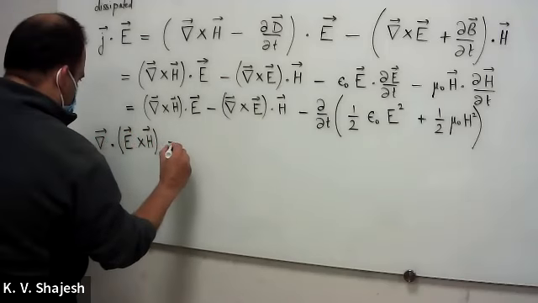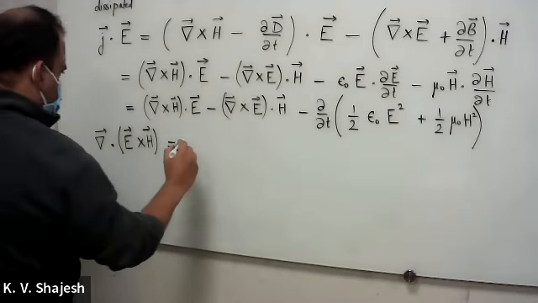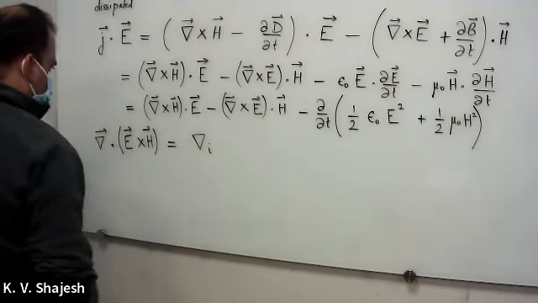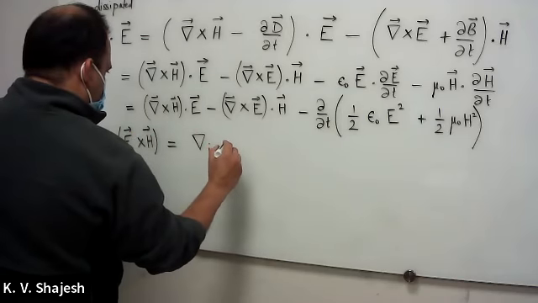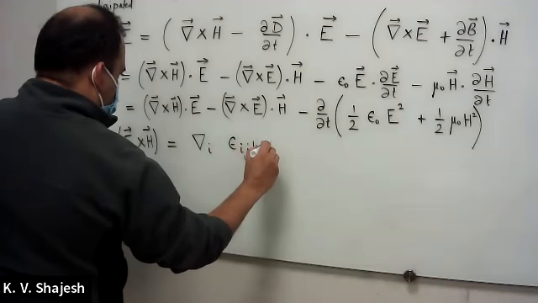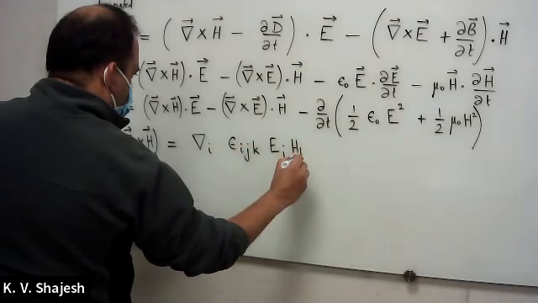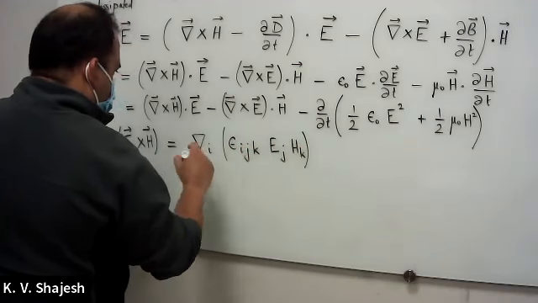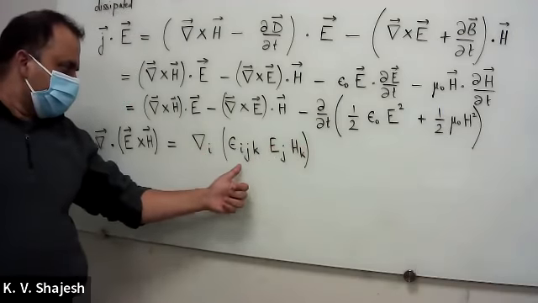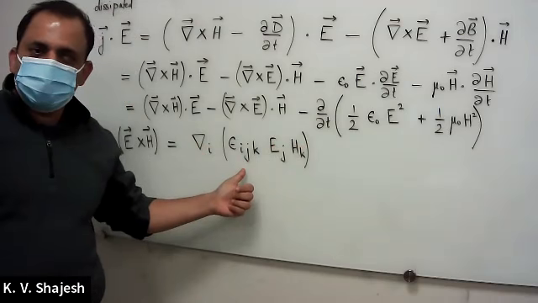Okay, let's go back. Using indices, let's say this is i, and then there is epsilon i j k times E_j H_k. Now this differentiation has to hit the Levi-Civita, the electric field, and the magnetic field. Levi-Civita is a constant, it doesn't hit.